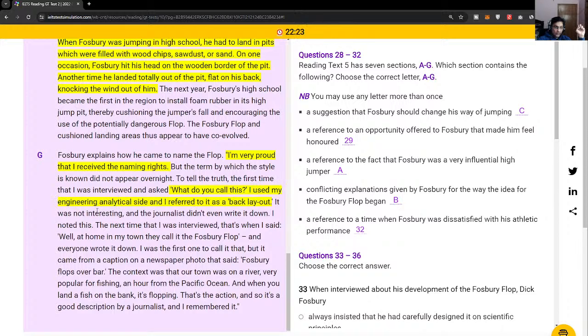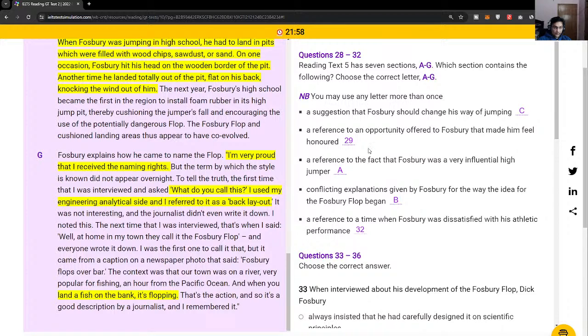I even wrote it down. Next time I was in it, that's when I said, well, at home in my town they called it the Fosbury flop, and everyone wrote it down. From a caption on a newspaper that said Fosbury flops over bar. River, very popular fishing, and when you land a fish on the bank, it's flopping. So it's a good description by a journalist, and I remembered it."